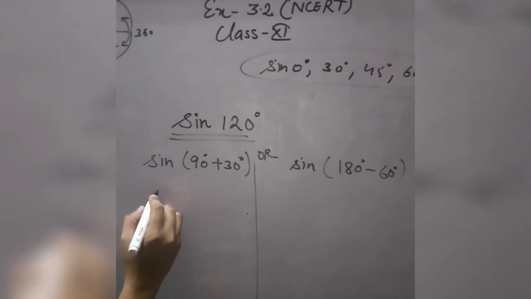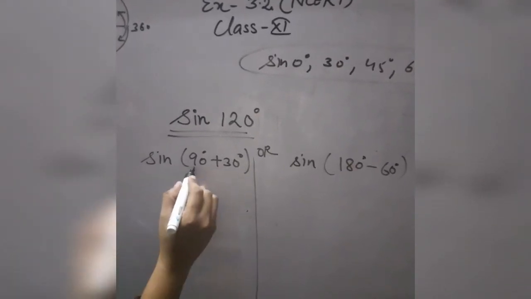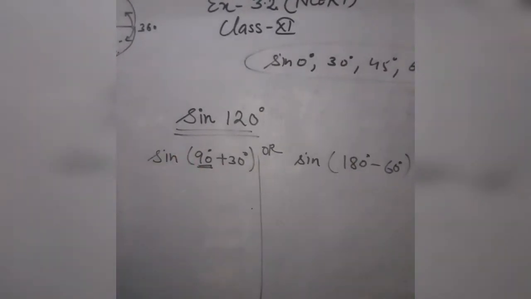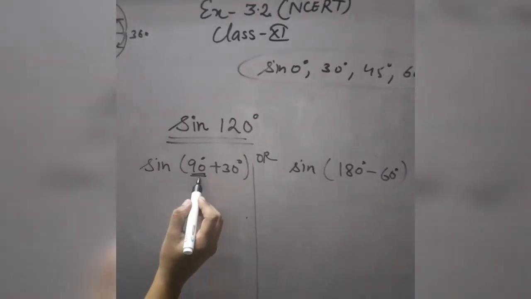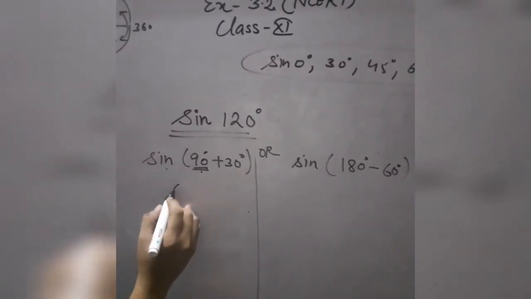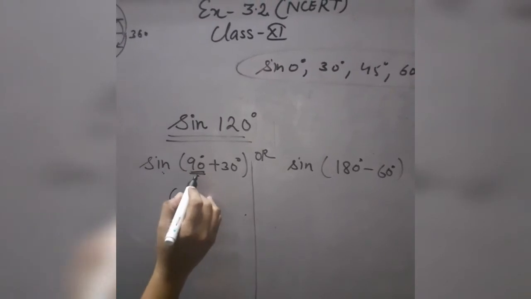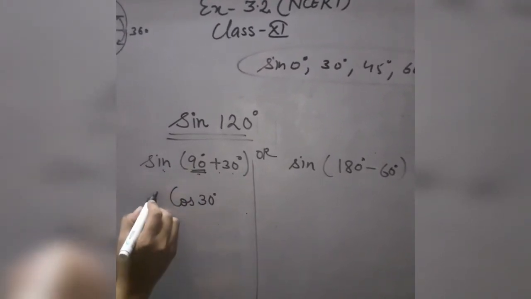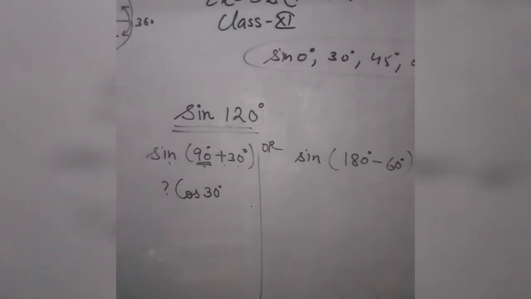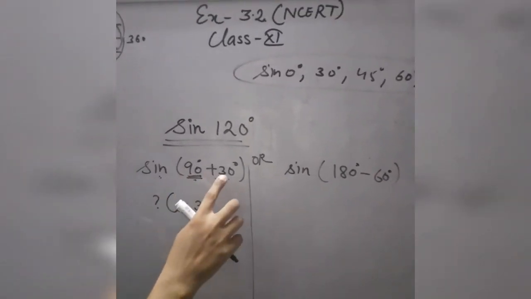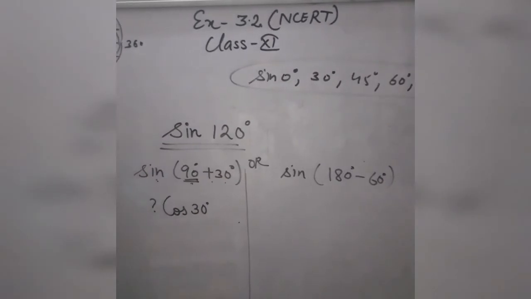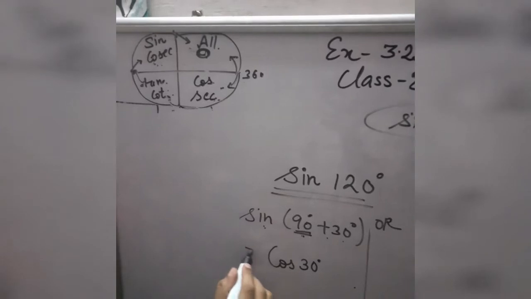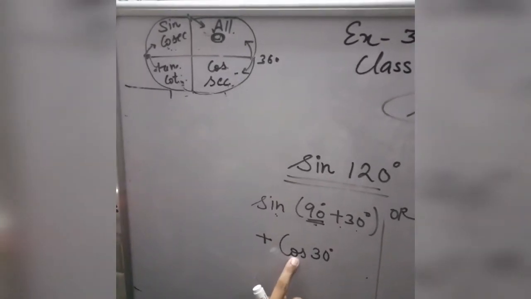So here sine 90 plus 30 degree. Now just like I told you in the previous table, in case of 90 sine is changed into cos. So sine 90 plus 30 can be written as cos 30. But now you will check whether sine is positive or negative. 90 plus something means second quadrant, and in the second quadrant sine is positive. That's why you will take a plus sign here. You will not see the sign of cos.